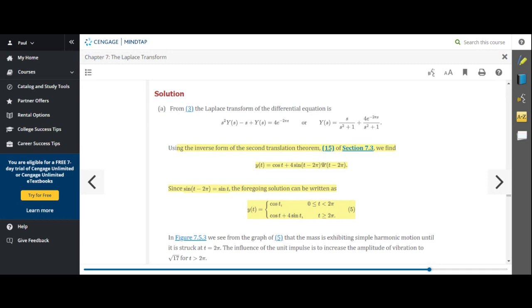Okay. So, what if we were to graph this y of t function? What would it look like? Well, so the, Mark, you don't understand how they got to this. Okay, hang on, one moment.